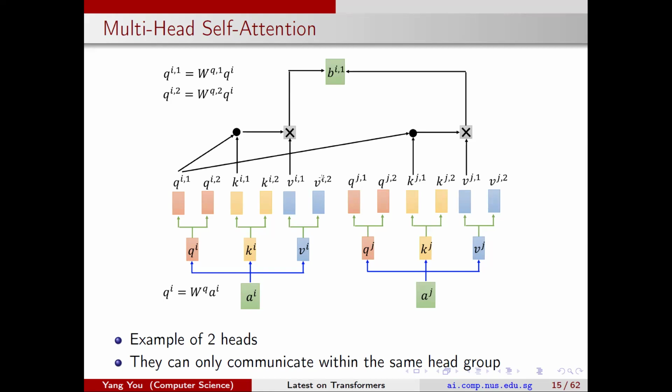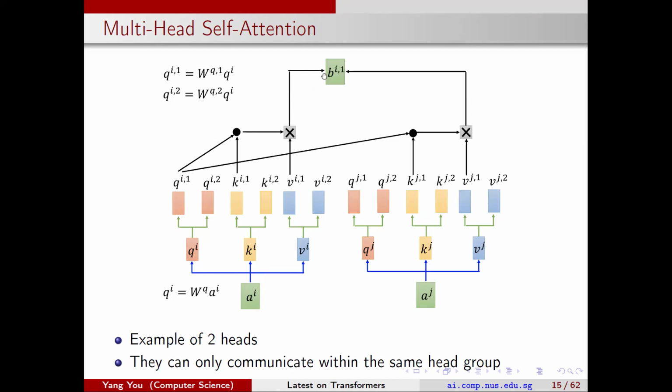So here, say we just have two input tokens, AI and AJ. Each token has two heads, 1 and 2. Let's first compute the attention for head 1, the first head.